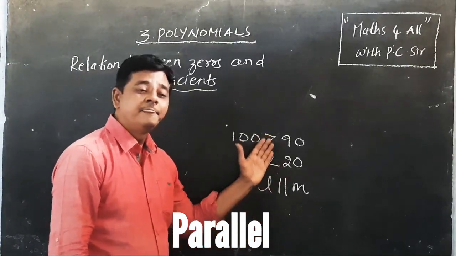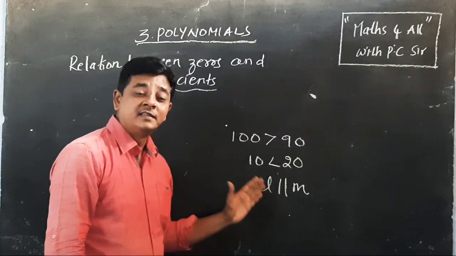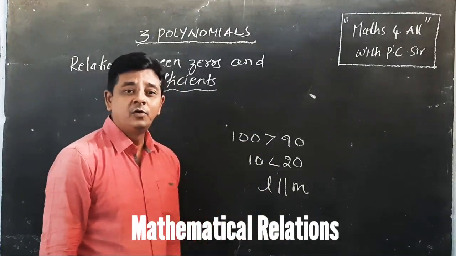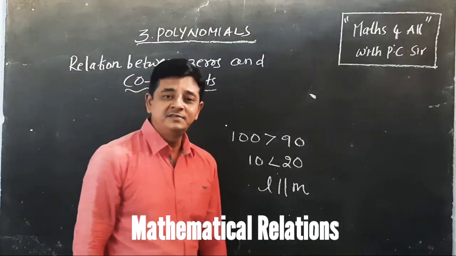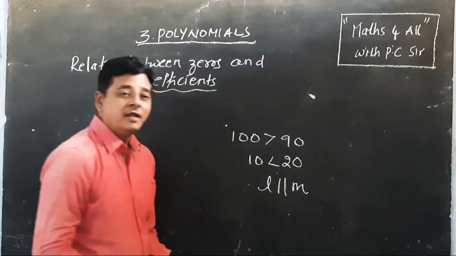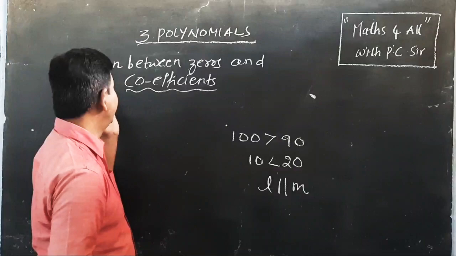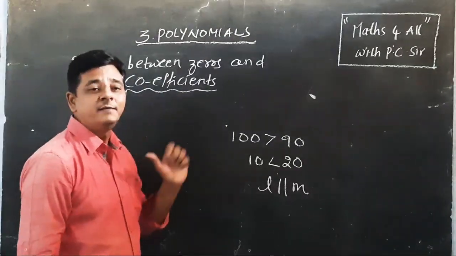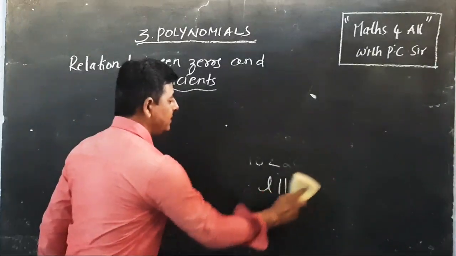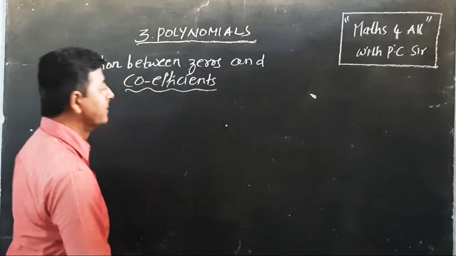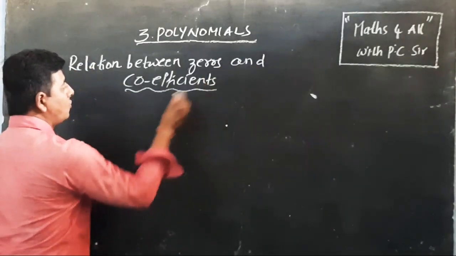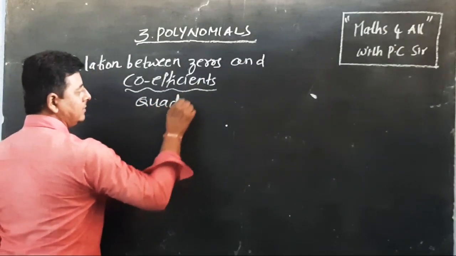Greater than, less than, parallel: these are mathematical relations. So in polynomials, we are going to take the relation between zeros and coefficients of quadratic polynomial.